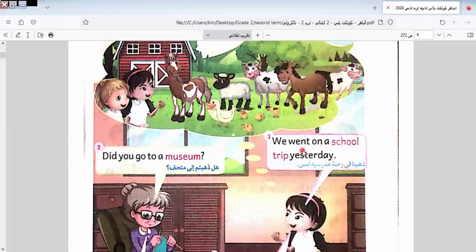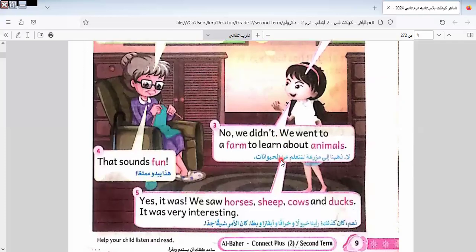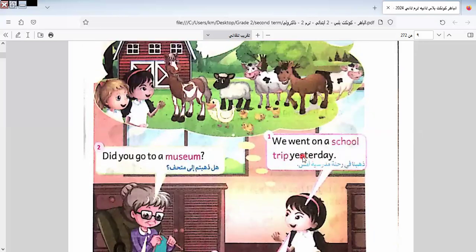So here we talk about an action that happened in the past and ended. Okay, so in this part we use the past simple tense. Here, went is the past of what? Of go. So we say we went on a school trip yesterday.